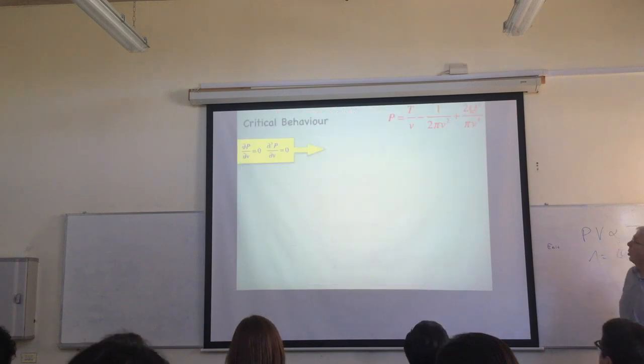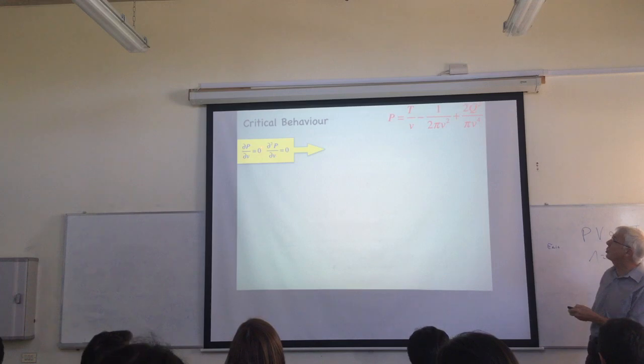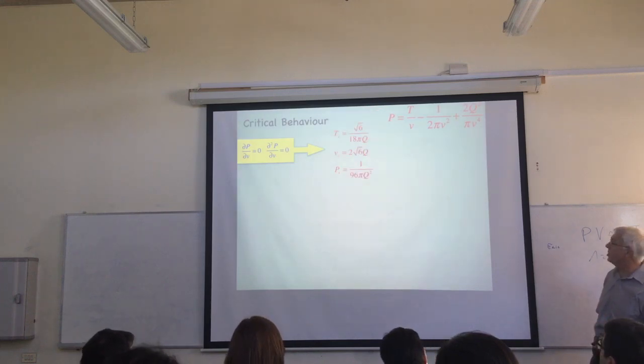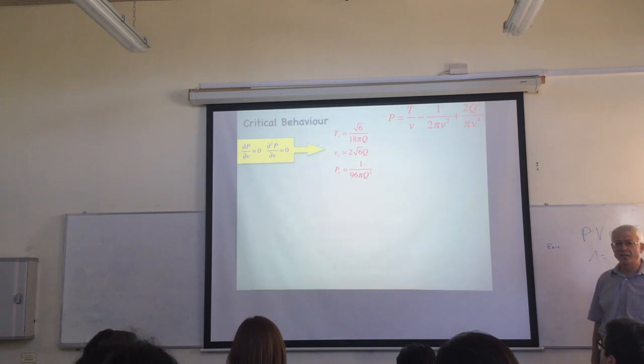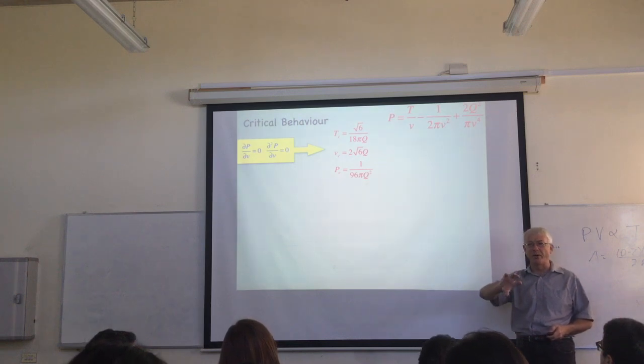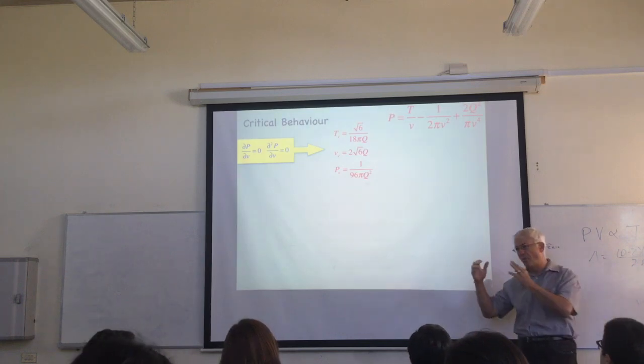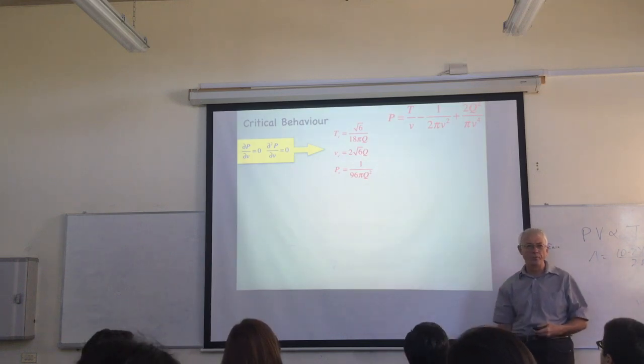Okay. So, what about the critical behavior of this thing? Well, this is the definition of criticality. You take these derivatives of this equation, and this is what you get in terms of charge. The charge should be thought of here as a control parameter, a knob I can turn. I'm going to look at black holes with this much charge, then with this other charge, and see what they do.